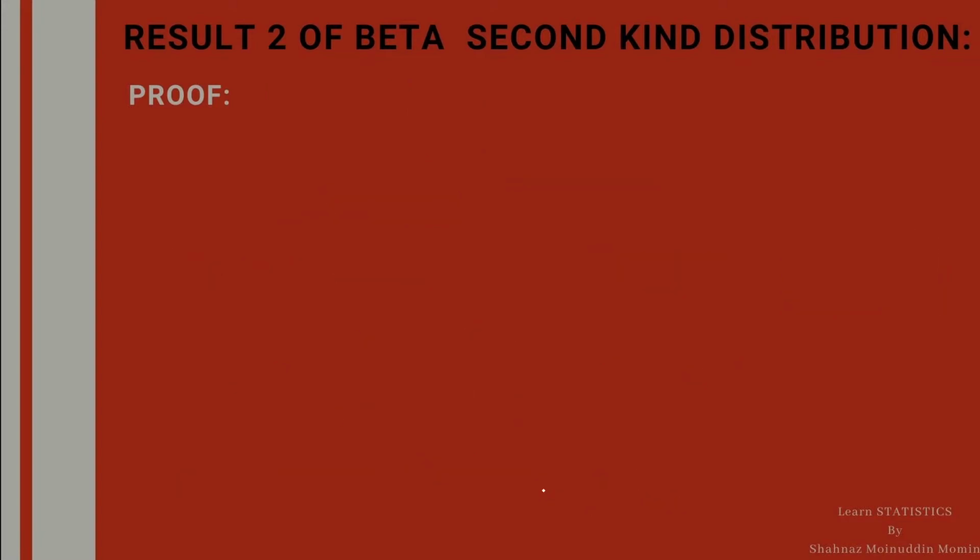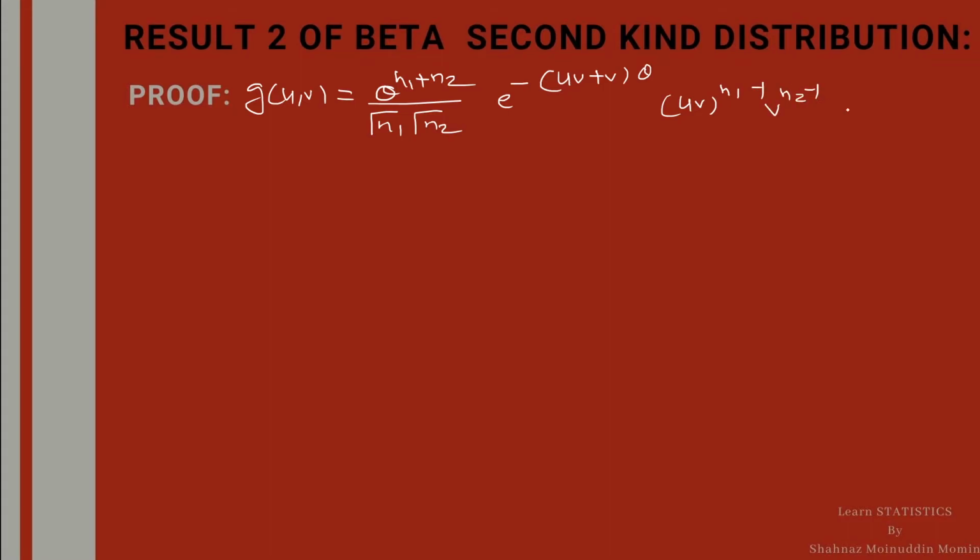So g(u,v) is equal to theta raised to n1 plus n2 divided by gamma n1 gamma n2, e raised to minus (uv plus v) into theta, (uv) raised to n1 minus 1, v raised to n2 minus 1, into v, which is equal to, this constant as it is, e raised to minus (1 plus u) v into theta, u raised to n1 minus 1.